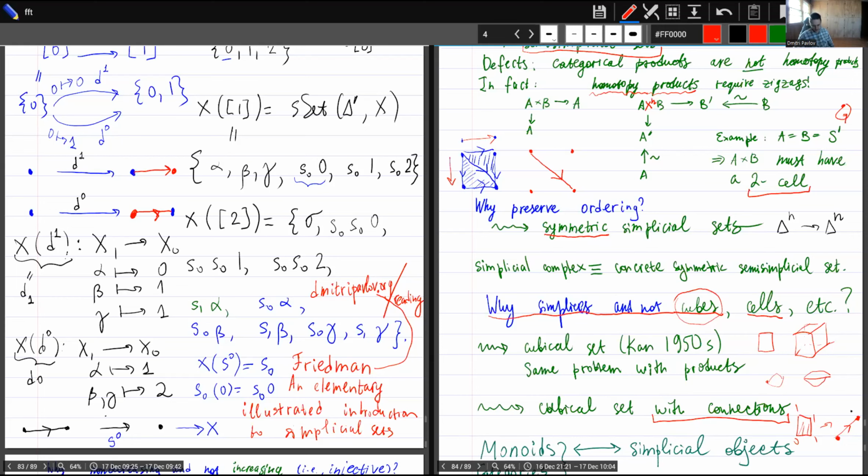And such maps are called connections, or sometimes also conjunctions, depending on whose papers you're reading.